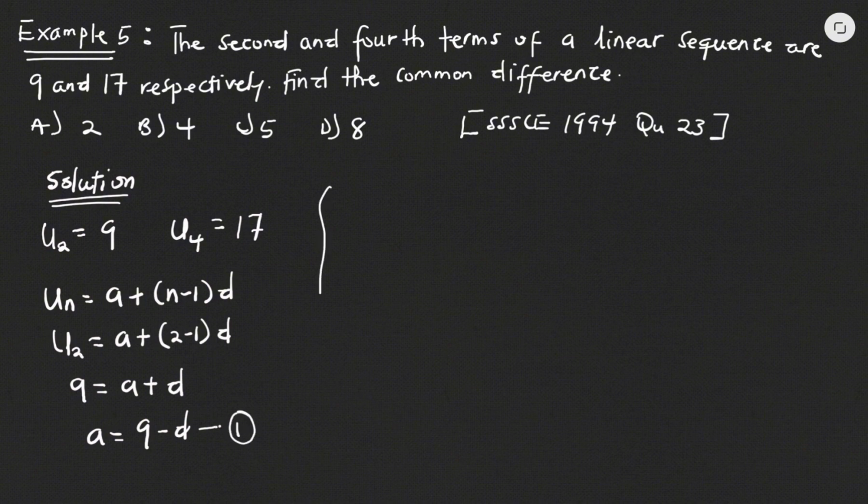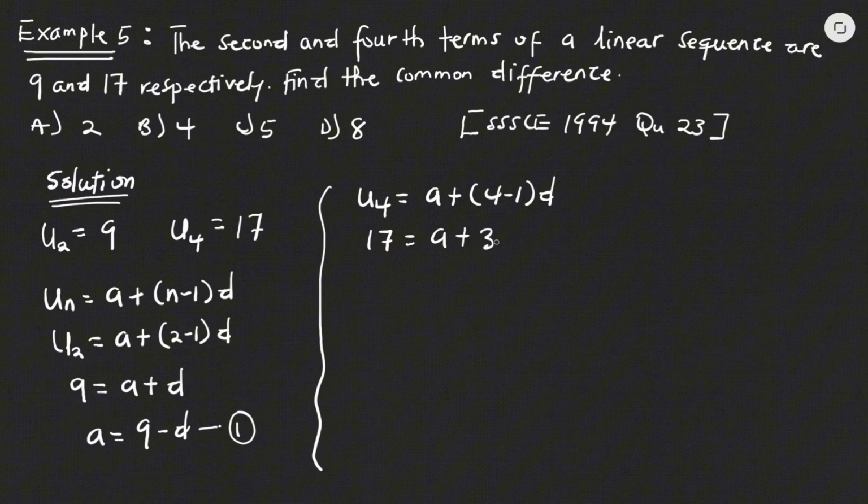All right, so from here I can use u4 to find another equation. So u4 will be equal to a plus n, which is 4, minus 1 multiplied by d. The u4 is 17, which is equal to a plus 3d. Okay, so this becomes my equation 2.